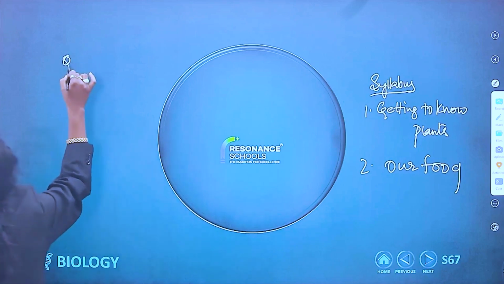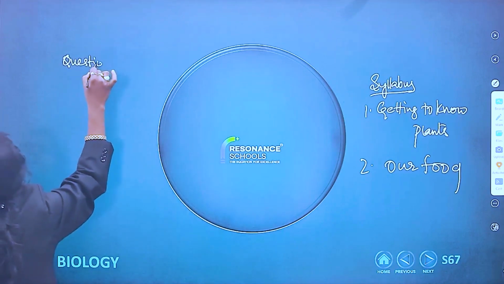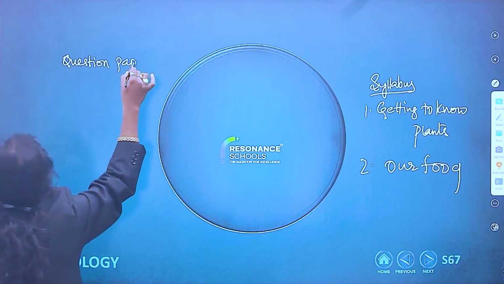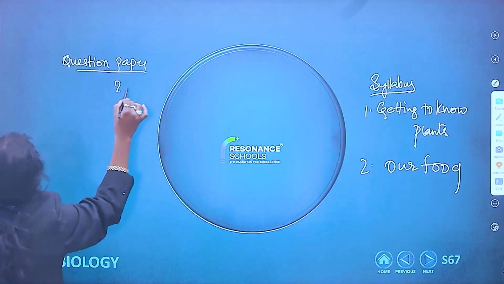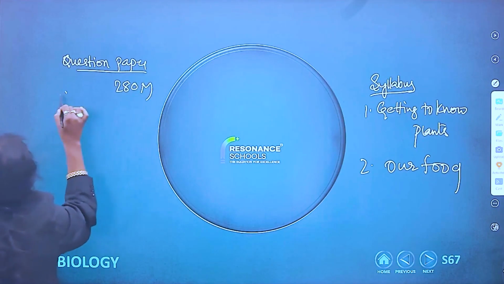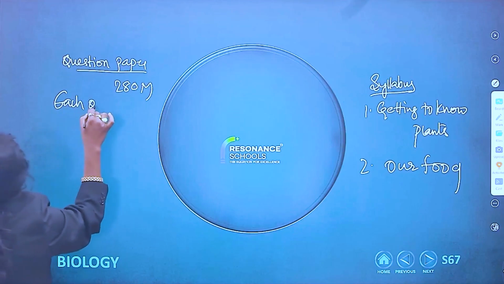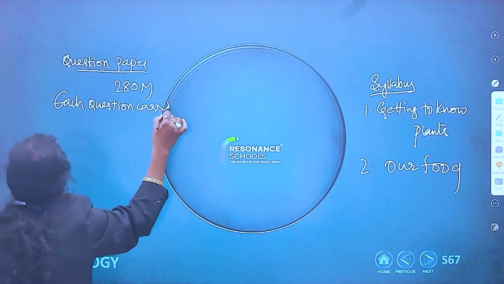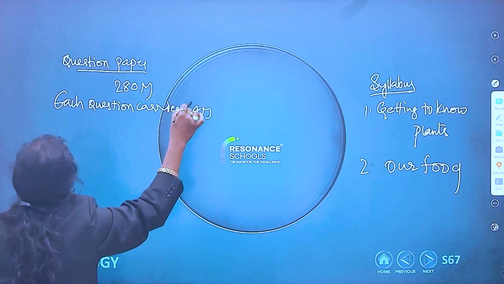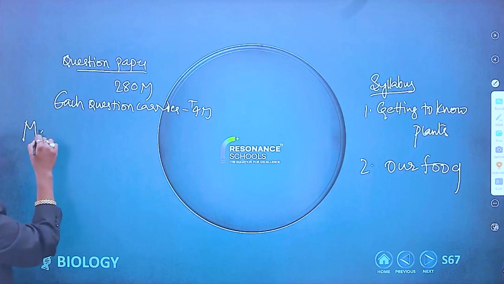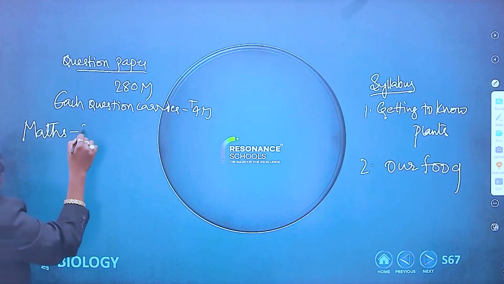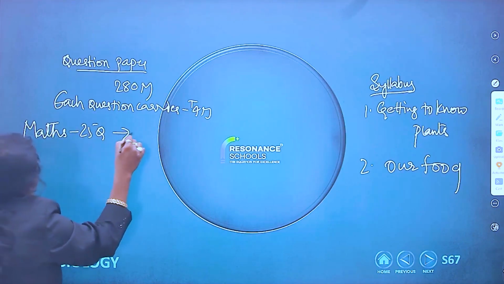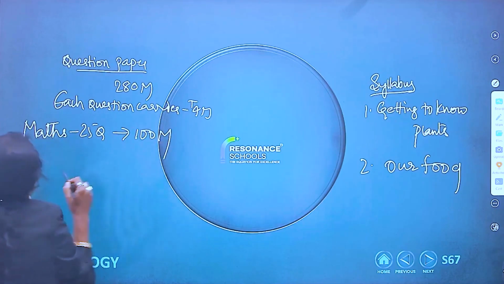Question paper pattern, I am writing it one more time for whoever is new today. The question paper is a total of 280 marks. Each question carries 4 marks. Maths: number of questions 25, total 100 marks.